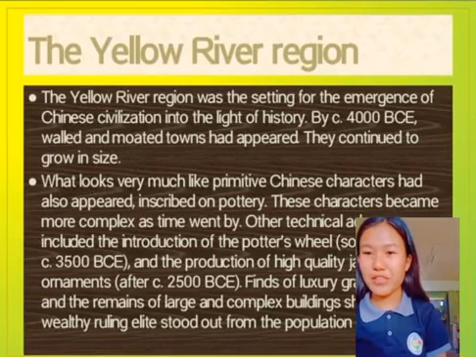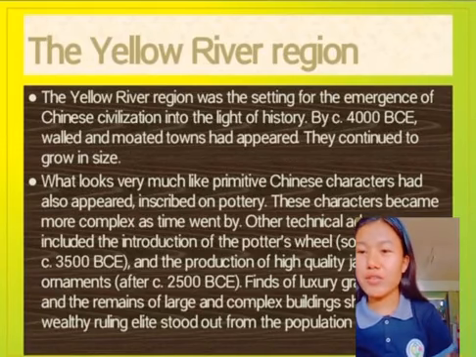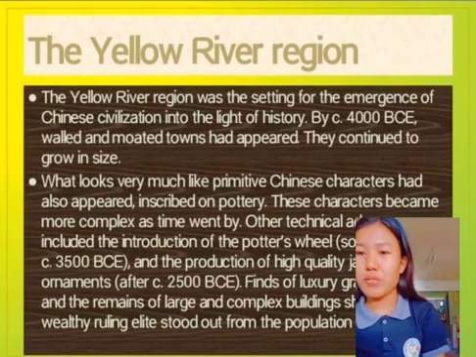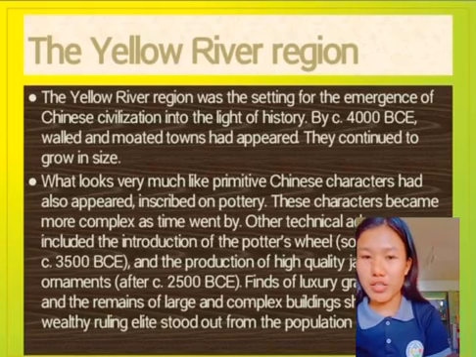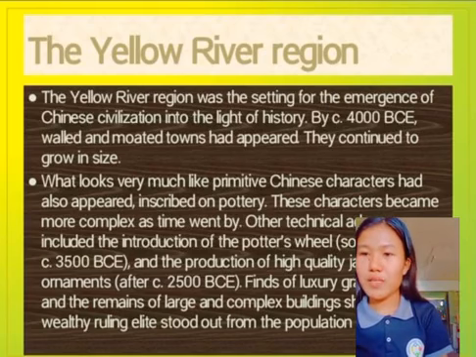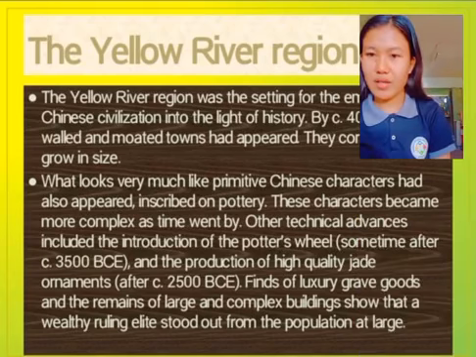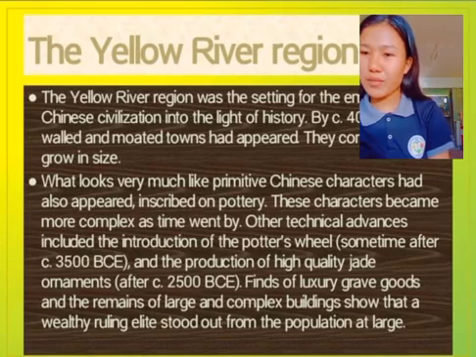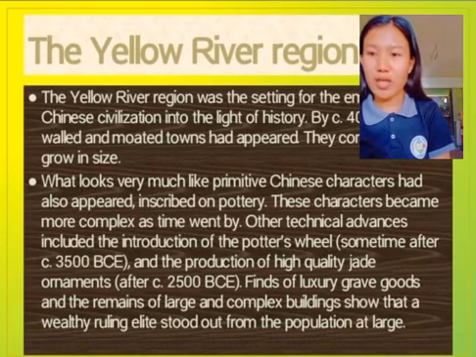Yellow River region. The Yellow River region was the setting for the emergence of Chinese civilization into the light of history. By c. 4000 BCE, walled and moated towns had appeared. They continued to grow in size. What looks very much like primitive Chinese characters had also appeared inscribed on pottery.